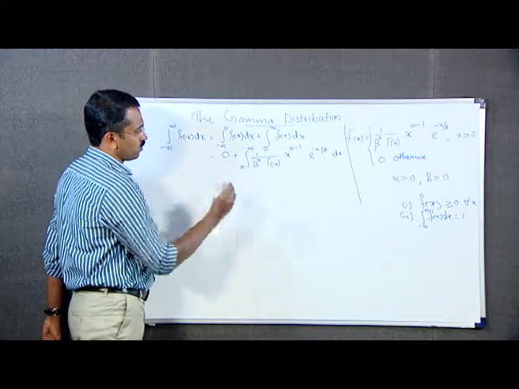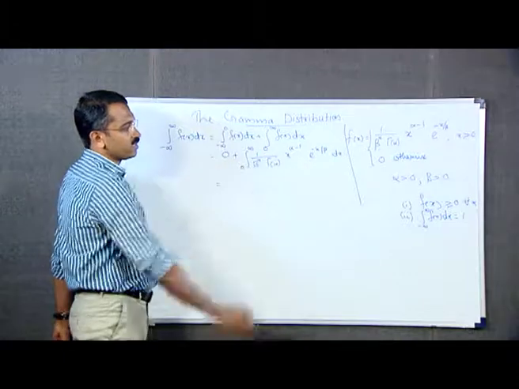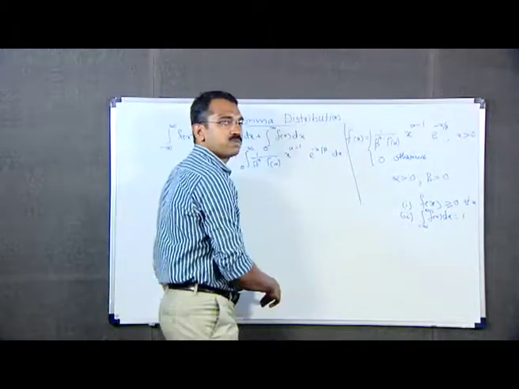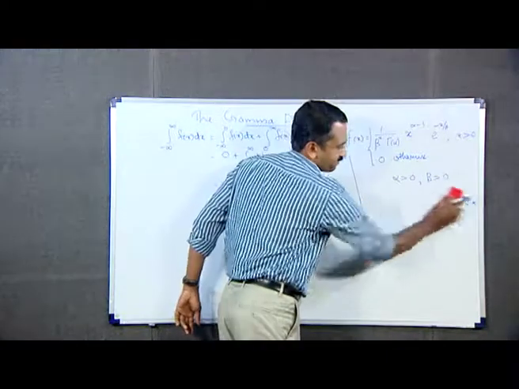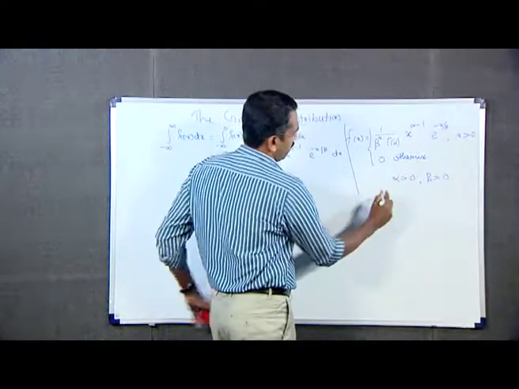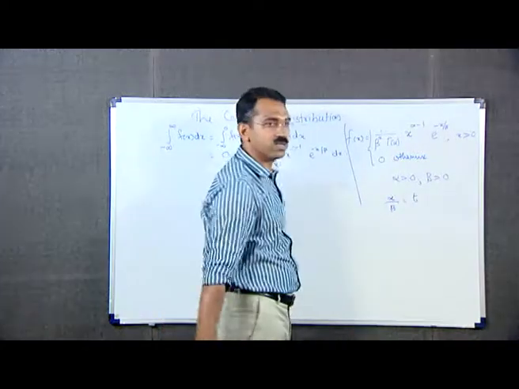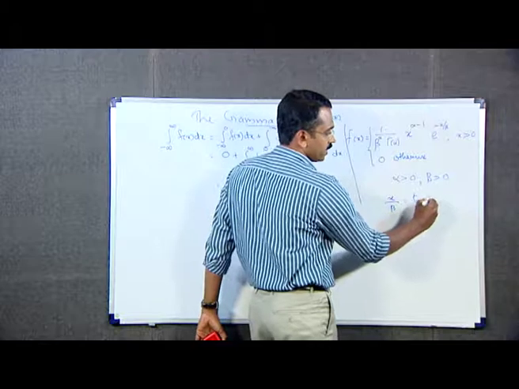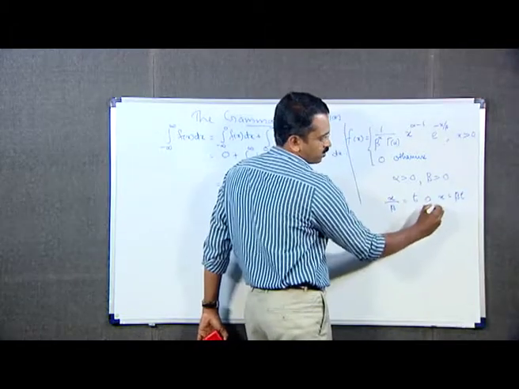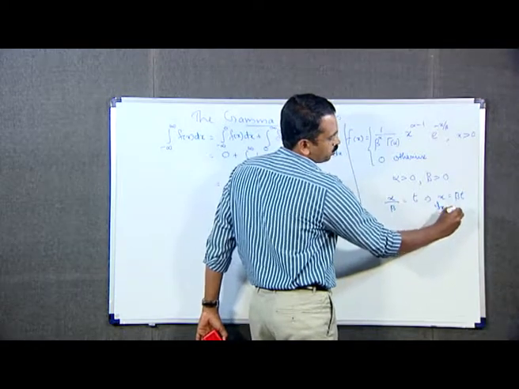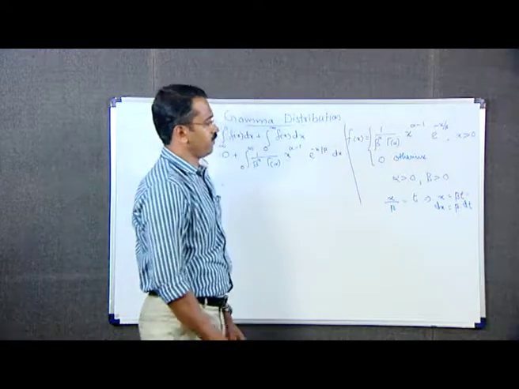To evaluate this integral, we use the substitution x/β = t. That means x = βt, so that dx = β dt.